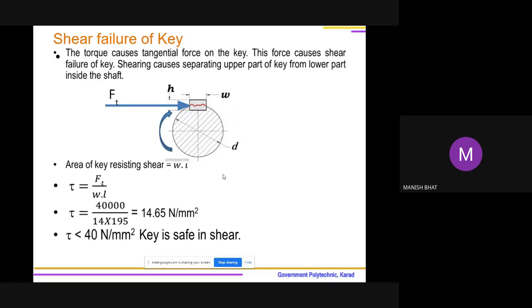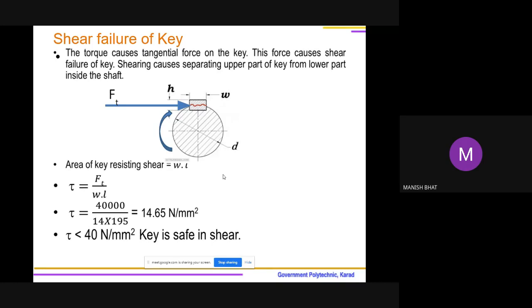Shear stress tau is equal to the force causing shear, that is Ft, upon the area resisting shear. So tau is equal to Ft upon W into L. Empirically, we have selected W as 14 and L as 195.